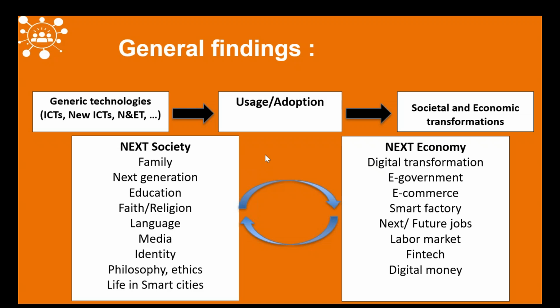We also see the emergence of what is called the next generation literature: the millennial generation, Generation X or Generation Y. This generation is born with electronic devices in their hands, and they seem to be quite different from their predecessors.